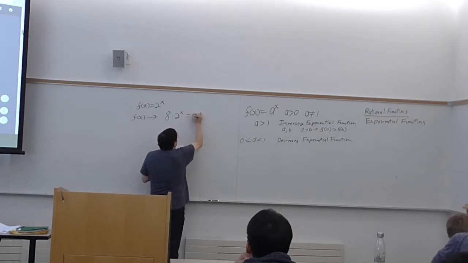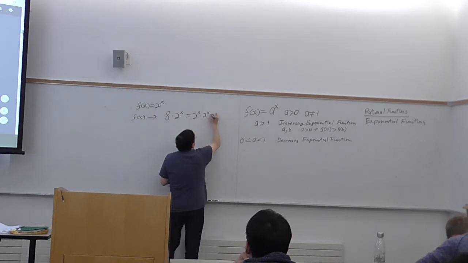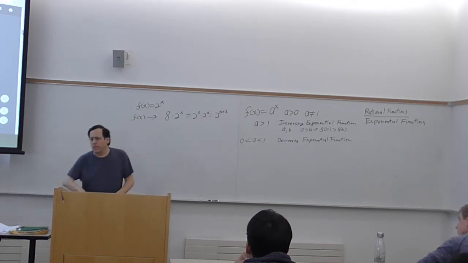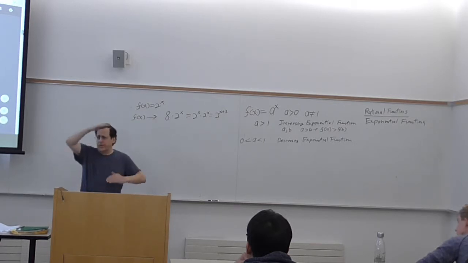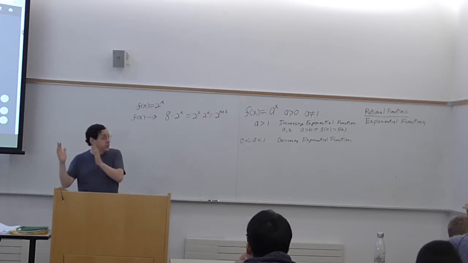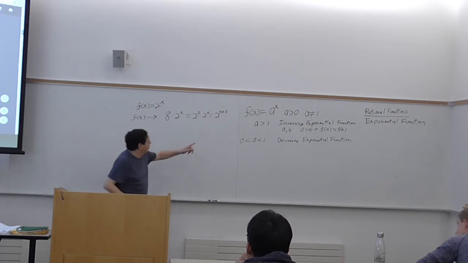That's really 2 cubed times 2 to the x, which is just 2 to the x plus 3. That is to say, multiplying an exponential function, trying to stretch it, well, sure, you're stretching it, but you're really not changing the shape of that function. You're really just doing a shift on it.